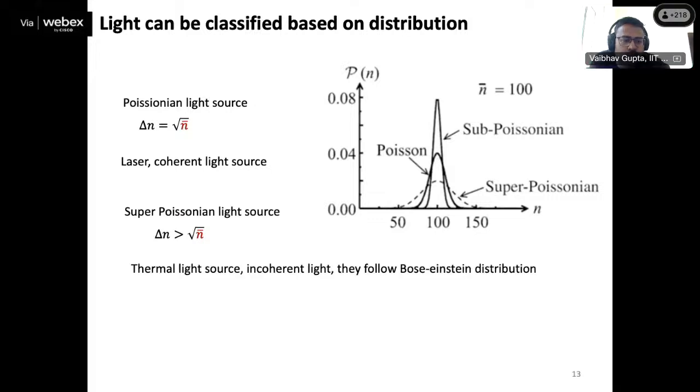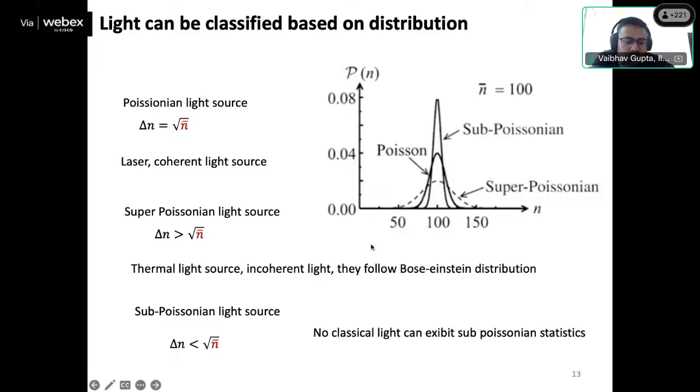And who shows this kind of distribution? Usually thermal light sources, incoherent light sources, LED bulb, incandescent light, sun, they all show this kind of distribution. And actually, they don't follow Poissonian distribution. They follow something called Bose-Einstein distribution. So those are super Poissonian light sources.